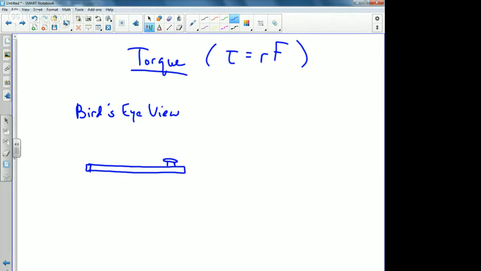Whenever you have something that has some sort of central axis, in this case the central axis is located where the hinges are.